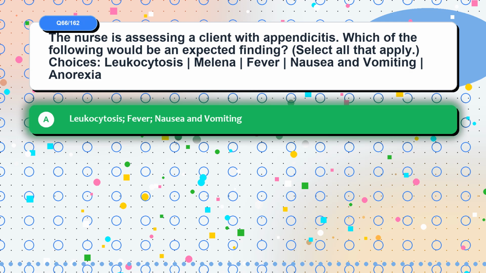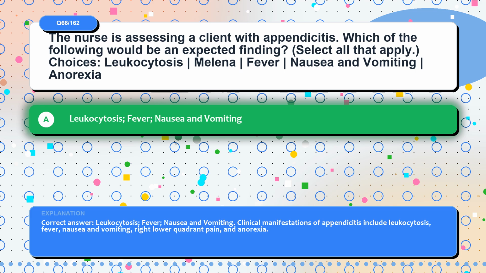The correct answer is option A: leukocytosis, fever, nausea, and vomiting. Clinical manifestations of appendicitis include leukocytosis, fever, nausea and vomiting, right lower quadrant pain, and anorexia.